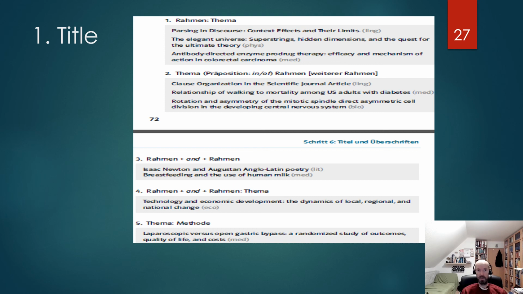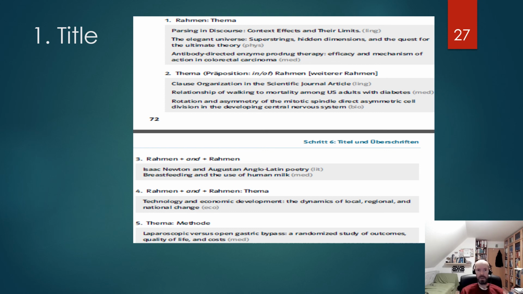One of those schemas is frame theme, for instance, and you get titles like Parsing and Discourse, Context Effects and Their Limits, or The Elegant Universe, Superstrings, Hidden Dimensions, and the Quest for the Ultimate Theory, or Antibody-Directed Enzyme Prodrug Therapy, Efficacy and Mechanism of Action in Colorectal Carcinoma.